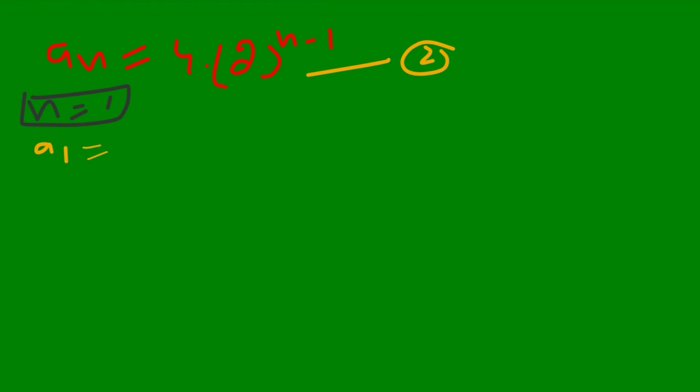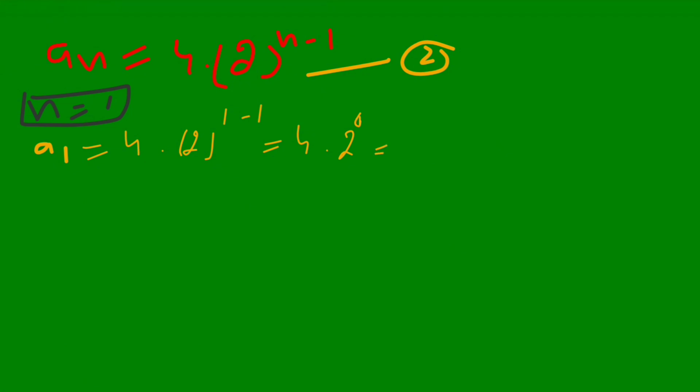A1 is equal to 4 multiplied by 2 raised to the power 1 minus 1, which is 4 multiplied by 2 raised to the power 0.